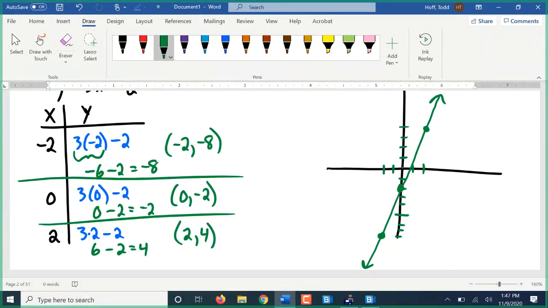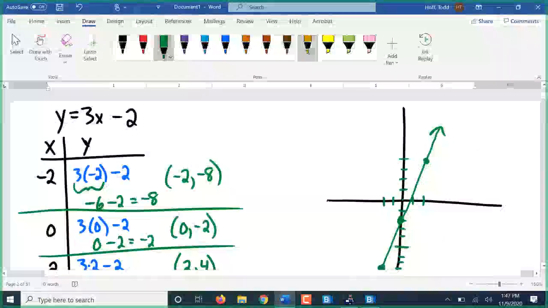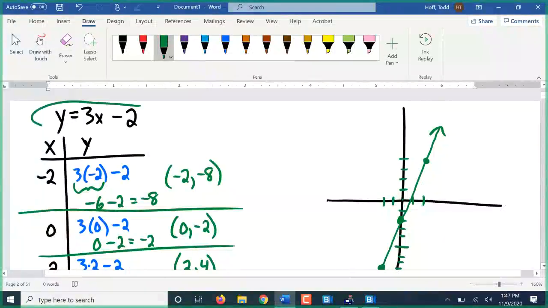Otherwise, we may have been jumping to conclusions a little bit quickly here. We'll show some examples coming up as to where we might have to be a little careful with that. Well, let's first talk about what that line represents. That line represents every possible solution to the equation y equals 3x minus 2.